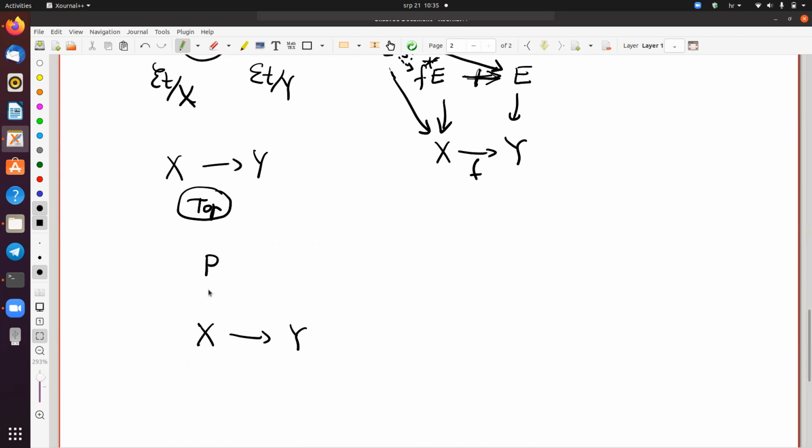what does that mean? P is a functor from open sets opposite to the category of sets.